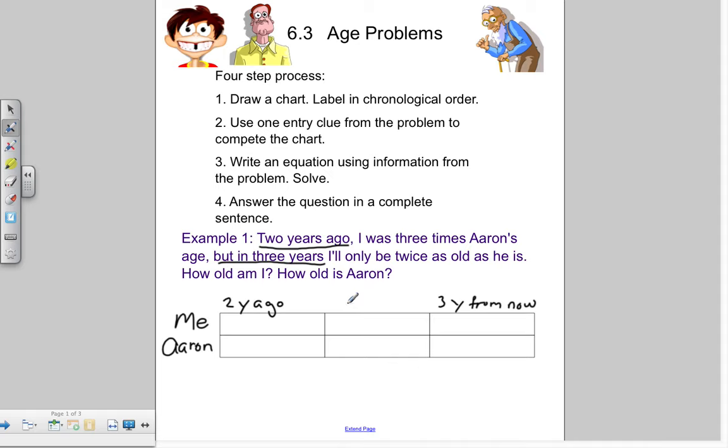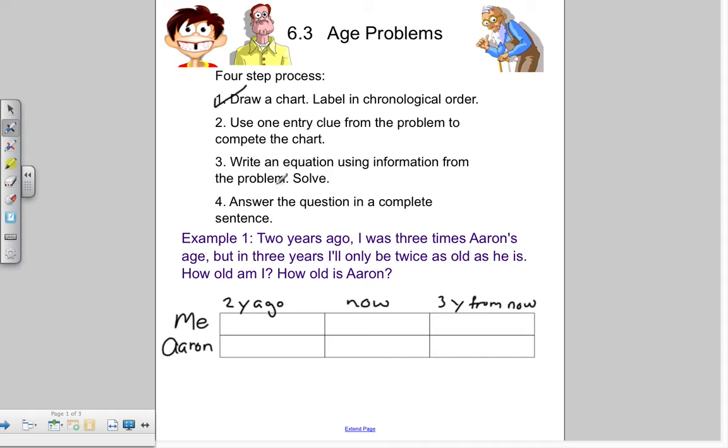So in the middle, we always need to include on our chart whatever the now is, because that's also implied in the question. How old am I? How old is Aaron? That's asking how old are they now? So that's an important piece for what's coming up. So that's number 1. So we can check that off.